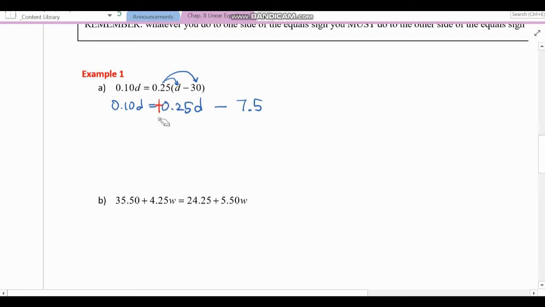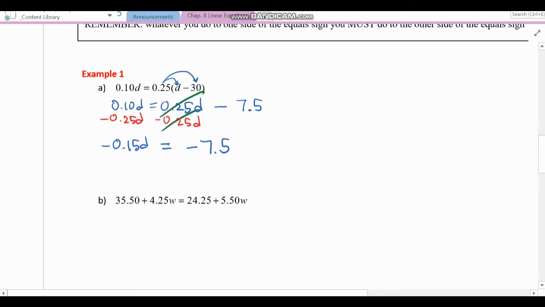So what we're going to do is get rid of 0.25d by subtracting 0.25d from both sides. This will be gone. And 0.10d minus 0.25d will be negative 0.15d equals negative 7.5.